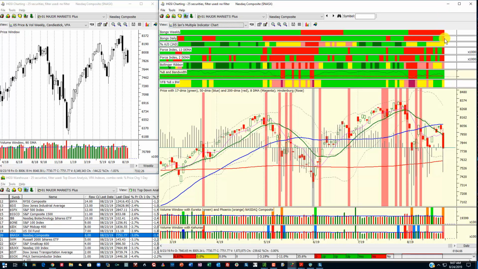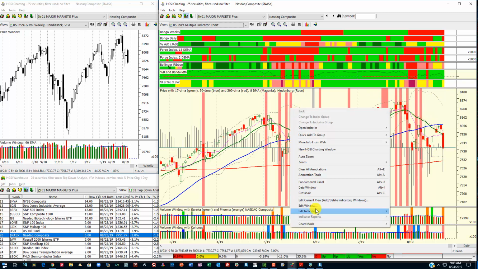You can see Bongo and weekly and daily are negative. AD is C, which we saw before. Force indexes are both negative. Bollinger Ribbon turned red. Bandwidth is still green, but pretty negative. You can see all these Hindenburgs here.